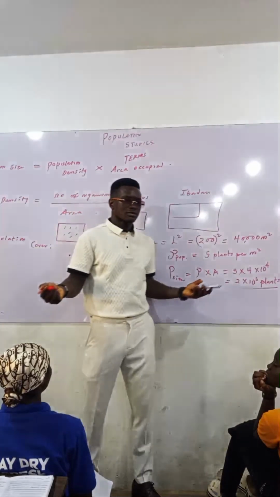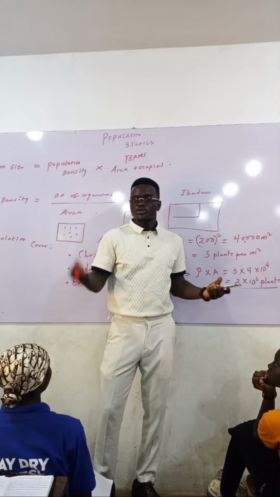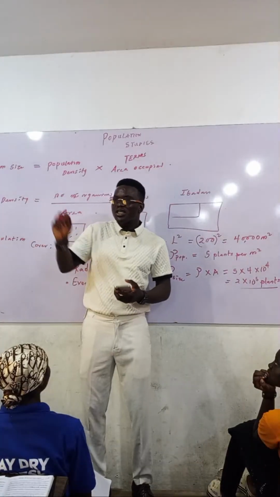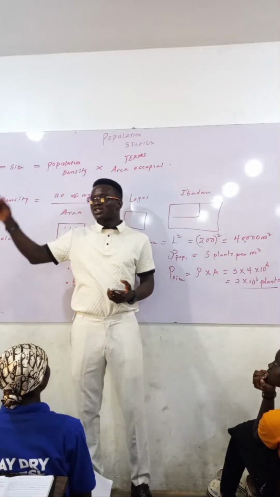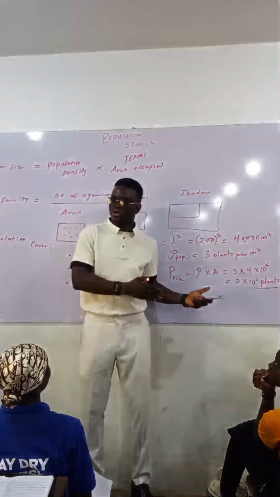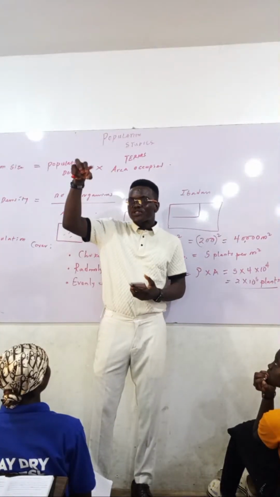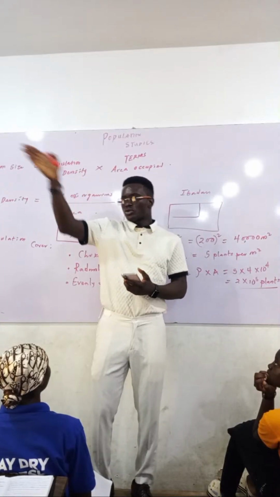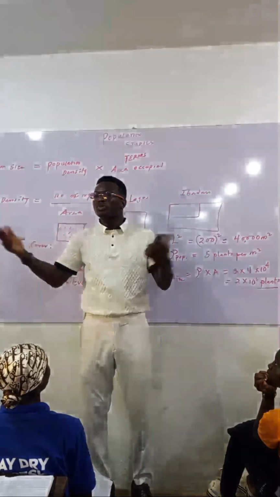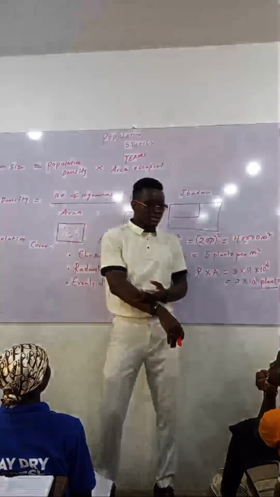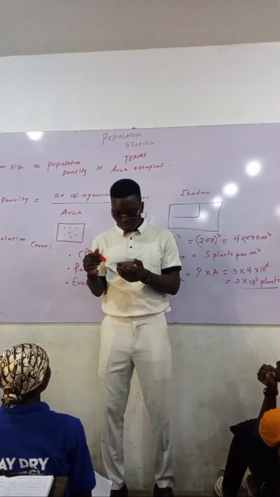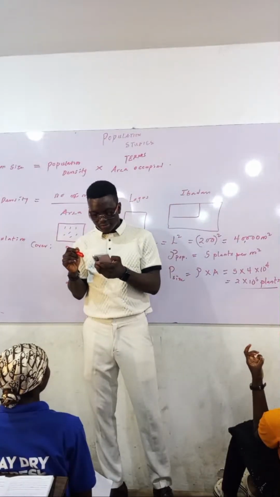True or false? True. A species can even lead to another species. We call it speciation under evolution. You remember how Darwin's species started to give rise to different species of birds. So all those things can happen. So that is true.